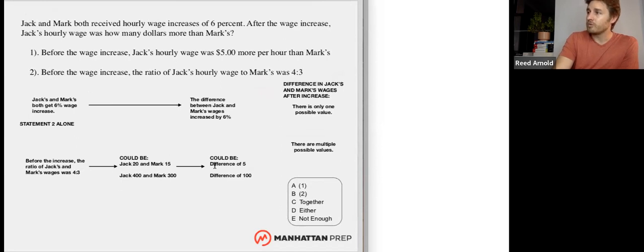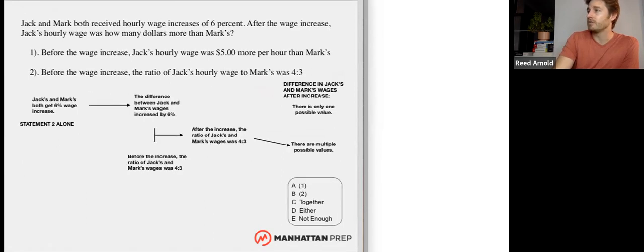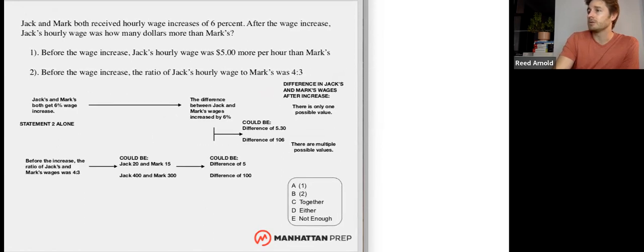Which means the difference could have been 5, or the difference could have been 100. Which means the actual dollar difference after the increase could have been 5.30, or it could have been 106. There's multiple possible values for that final step. So statement 2 is not sufficient. I cannot get to one single answer.